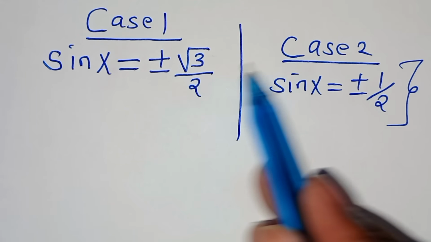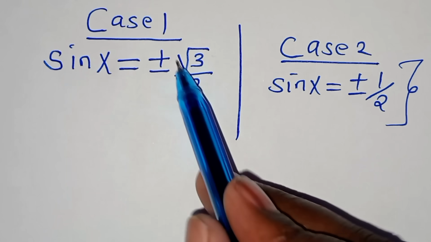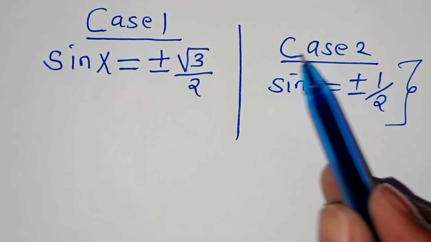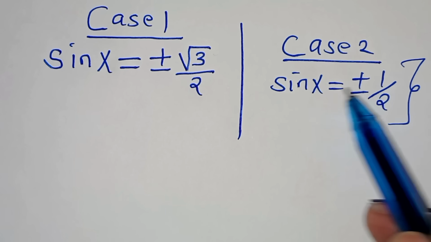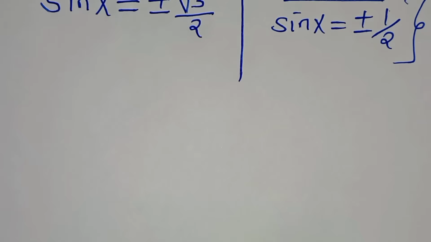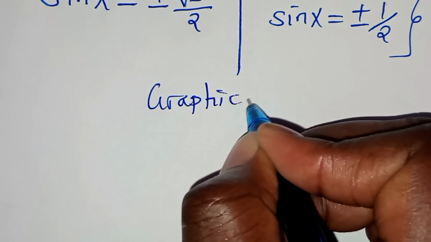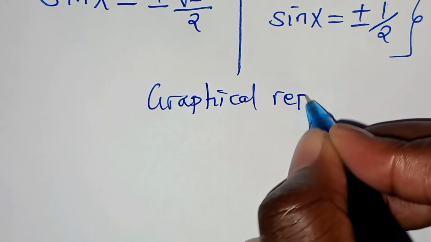Now we have got two cases here. In case 1, sine x is equal to plus or minus square root of 3 over 2. In case 2, sine x is equal to plus or minus a half. Now, let's do a graphical representation.